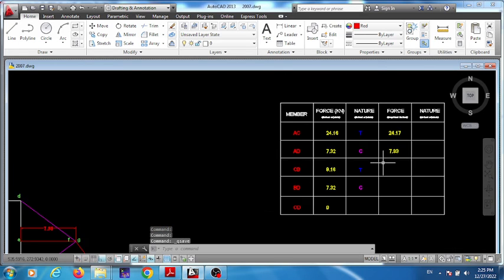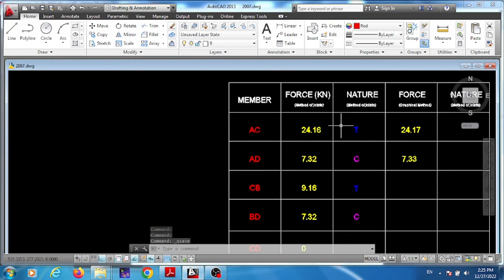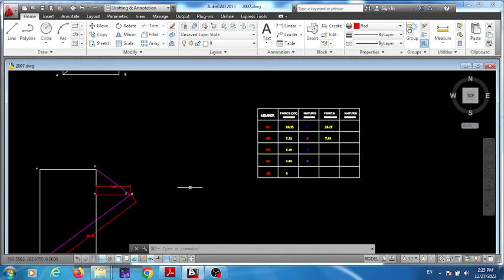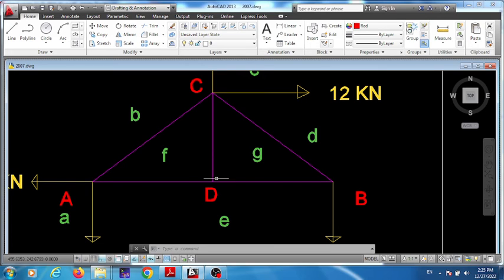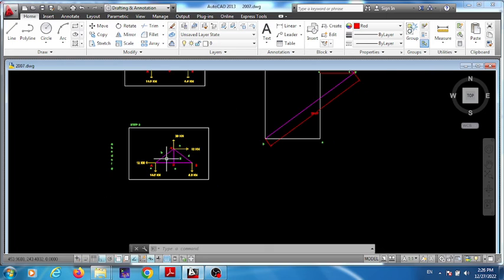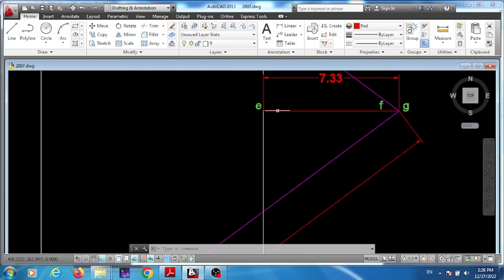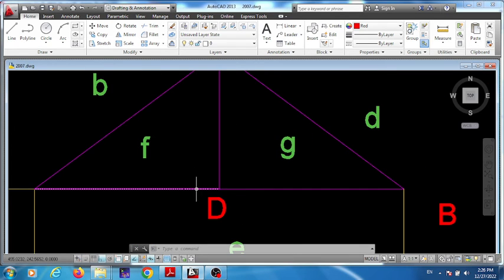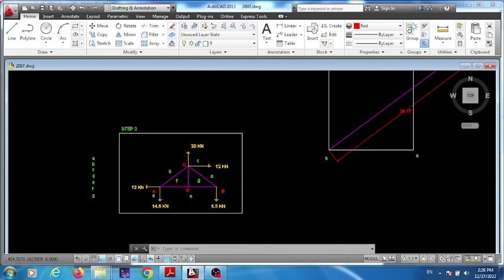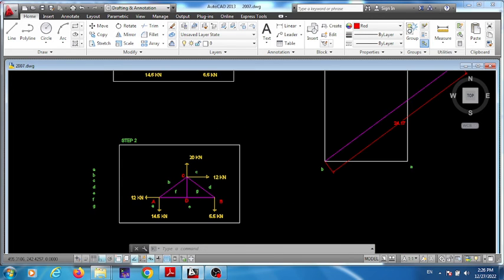Now next important point, we have to find out the nature. So how can we find out the nature? Let's consider a joint here. Suppose joint D we have considered. Now move in clockwise direction like E to F. Now E to F is on the right hand side, means the arrow is going towards the right, means we have to go towards the joint, and towards the joint means compression.